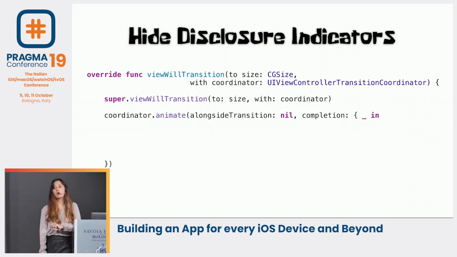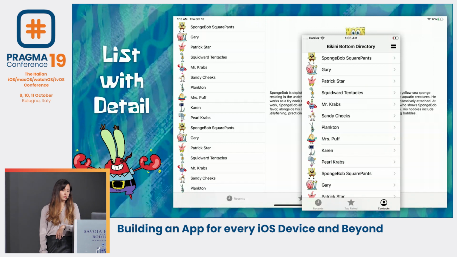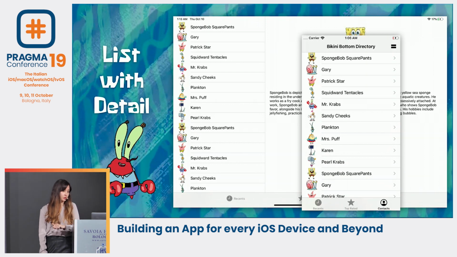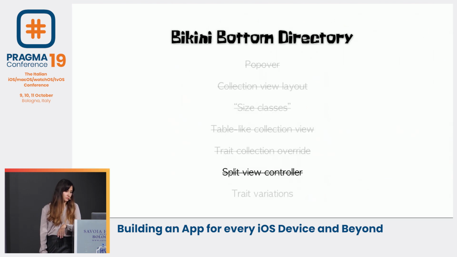And we will do it alongside the transition so that it looks nice upon rotation. We'll just do it like this. So here now we have our two detail split view controllers on iPhone and iPad, one with the disclosure indicators, one without. So that was a split view controller.